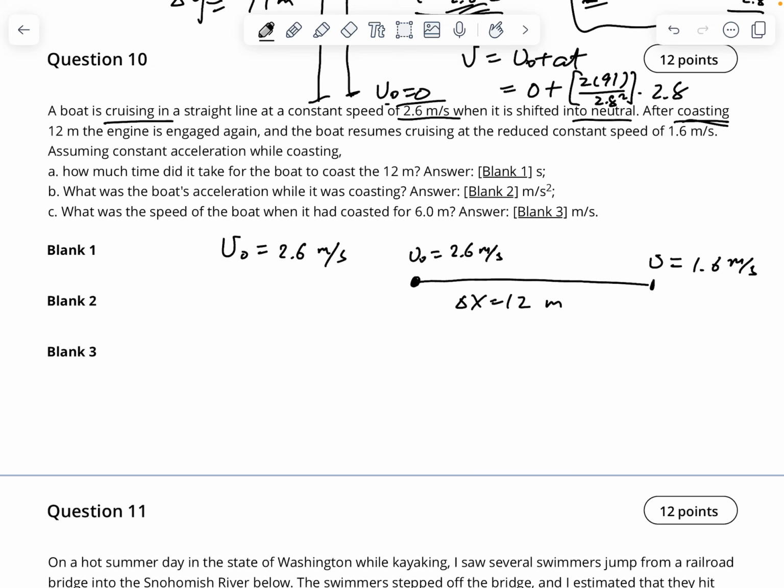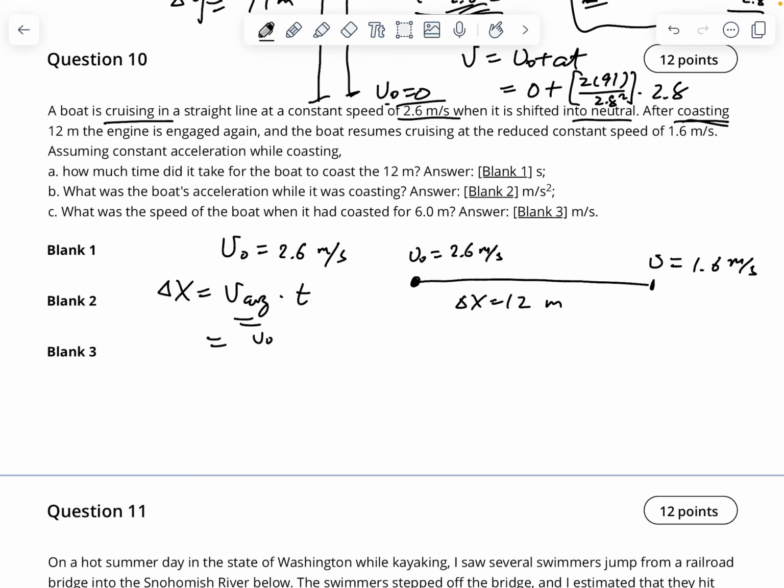A, how much time did it take for the boat to coast the 12 meters? Well, we can use this equation. In class I gave you a few equations, right? This equation is very convenient. So delta x equal to v average times time, right?